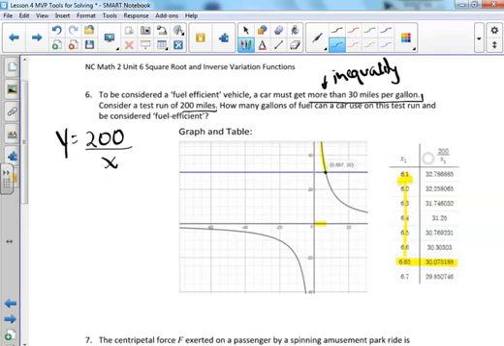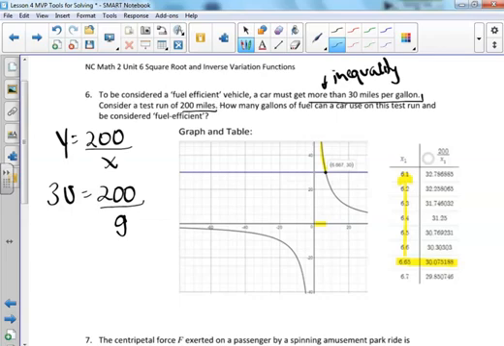So in this case, we're going to plug in our gallons for y, and we need to solve for how many gallons that would take if the car gets 30 miles per gallon. So we need to solve this for g.